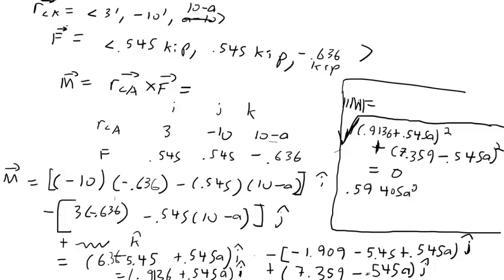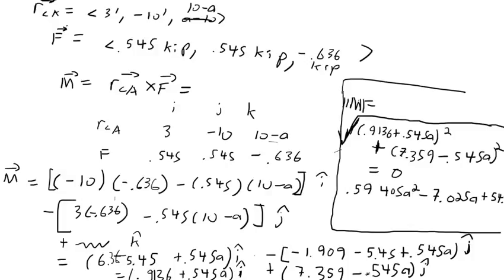0.59405a squared minus 7.025a plus 54.99. Do you remember the formula for the x-coordinate of the vertex of a parabola?